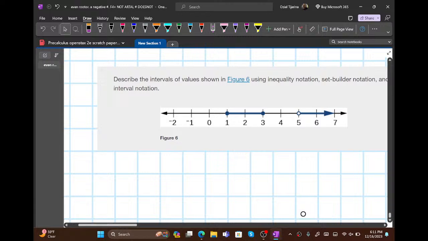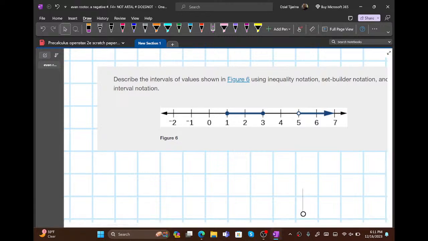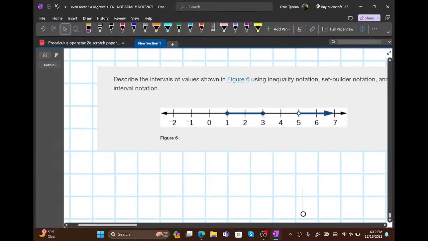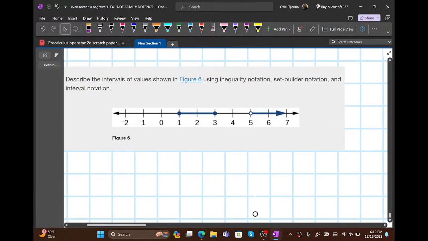Alright, we want to do this in inequality notation. The way we're going to do this is to say it the following way. Here is one part: 1 is less than or equal to x is less than or equal to 3. This is my inequality.